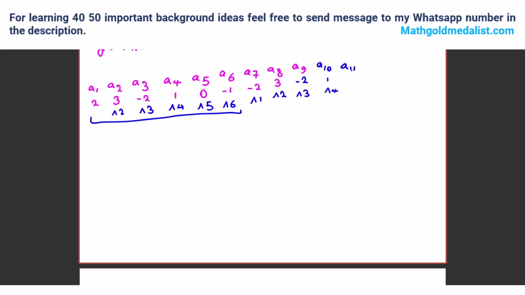A to the 11, it will be to the power of 5. A to the 12, it's to the power of 6, and it's negative 1. And again, we have the same thing. Then a to the 13 will be to the power of 1. It's negative 2.